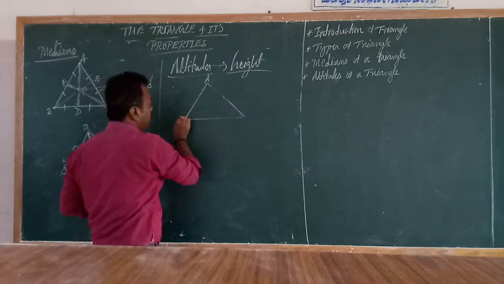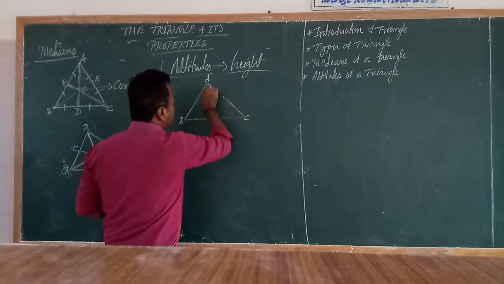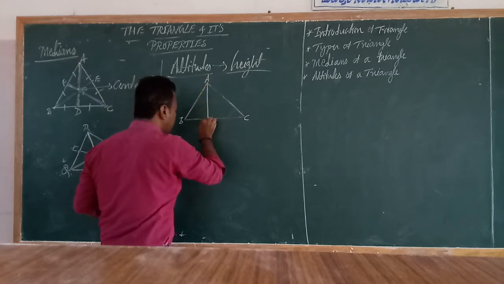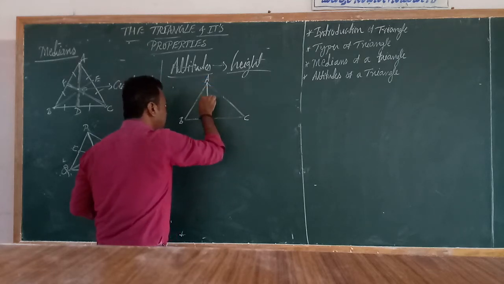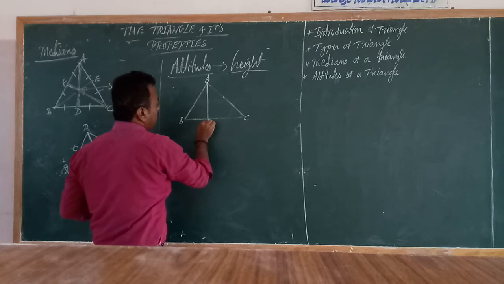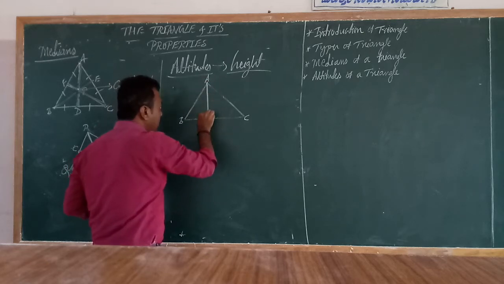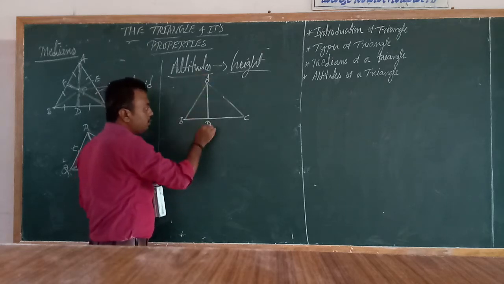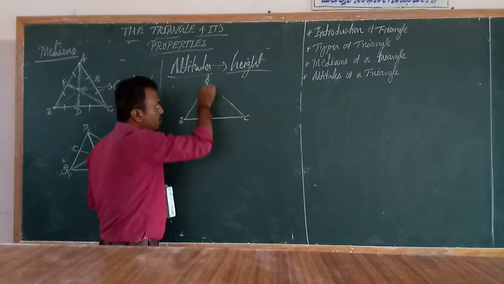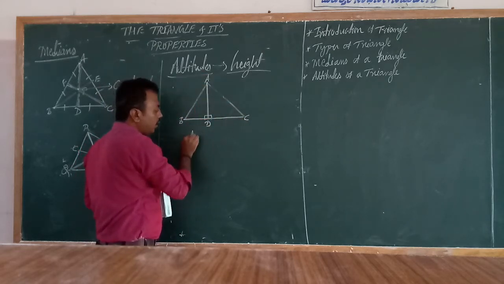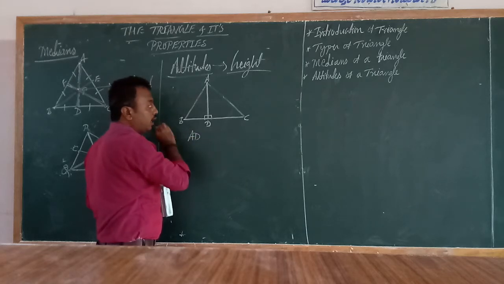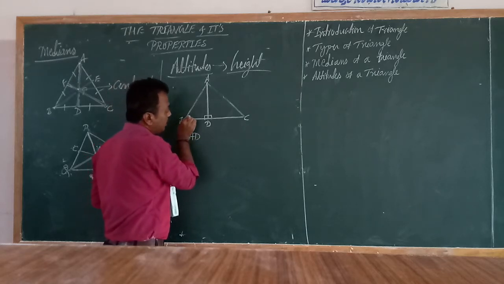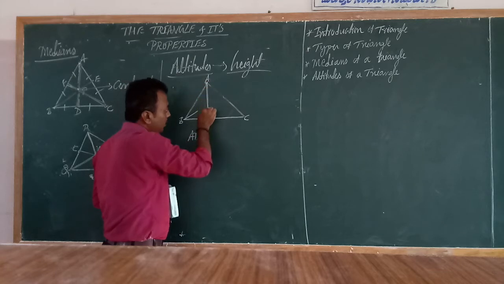See, this is triangle ABC. This altitude is always perpendicular to the base of the triangle. This AD is perpendicular to BC. So AD is the height of the triangle, so this is an altitude of the triangle.